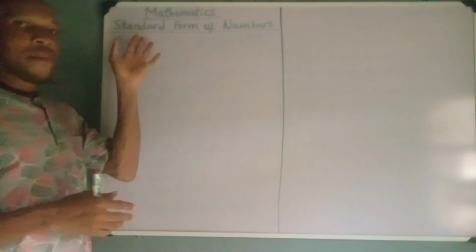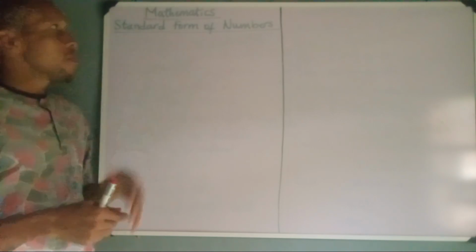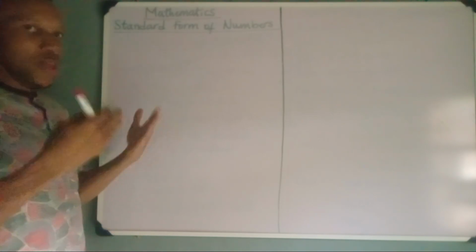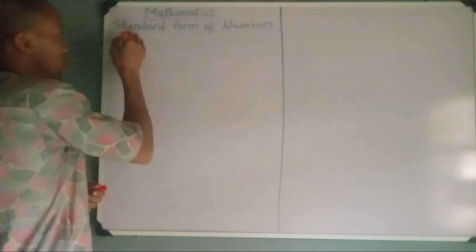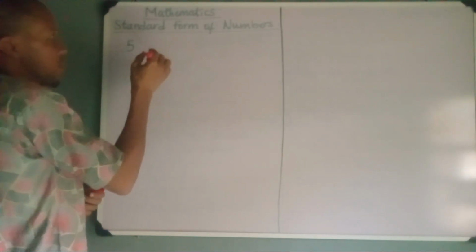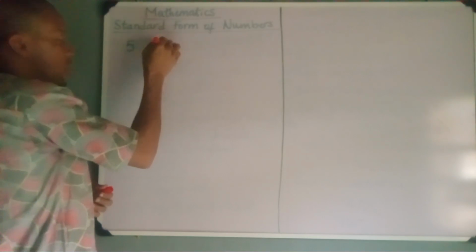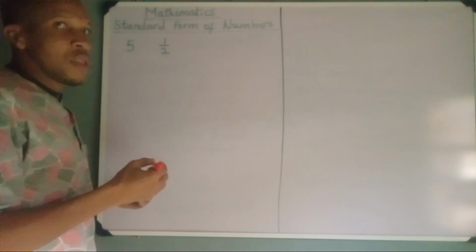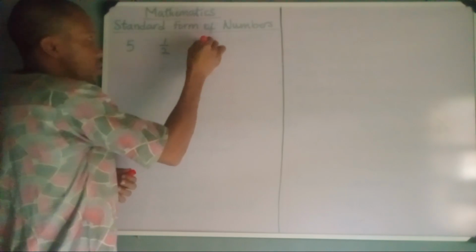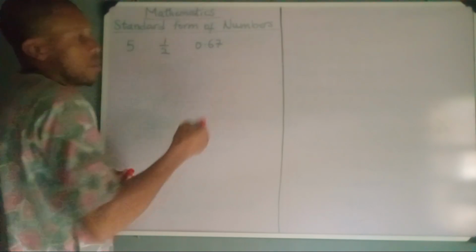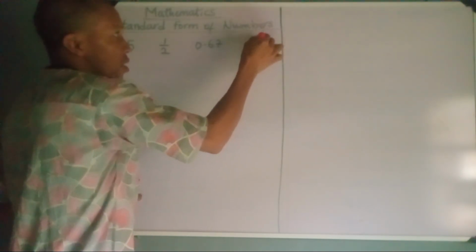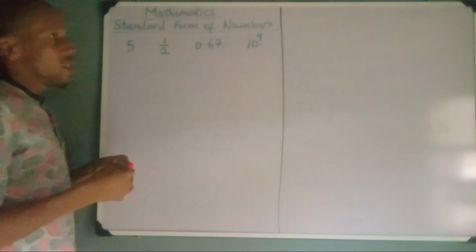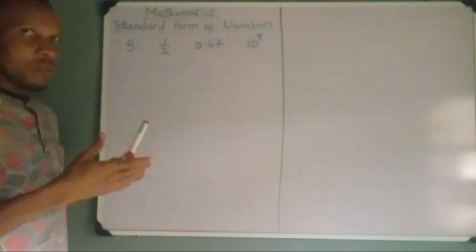So, I want to talk about standard form of numbers. In our daily activities, we can decide to write numbers as integers like 5, vulgar fractions like 1 over 2, decimal fractions like 0.67, even index forms like 10 raised power 9. So all of these are ways of writing numbers.